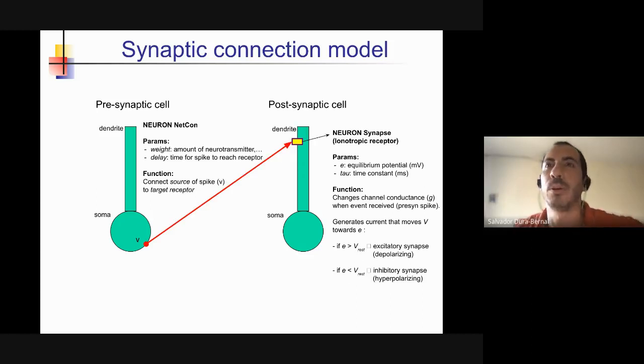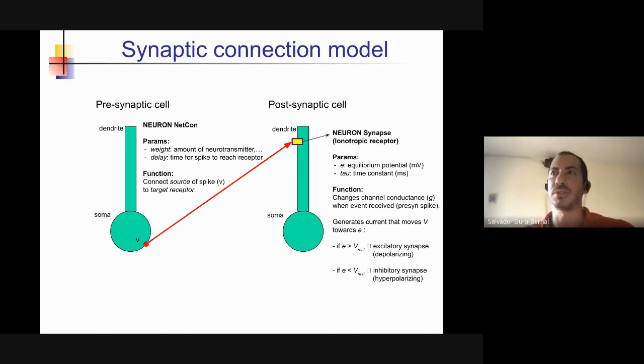Okay, so the other big component that Bill already mentioned as well is the netcon, which establishes a network connection between a source of voltage and the postsynaptic cell synapse. The netcon is really, as Bill mentioned, a detector of voltage.